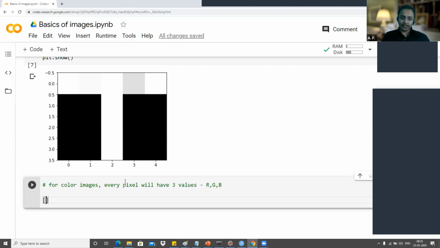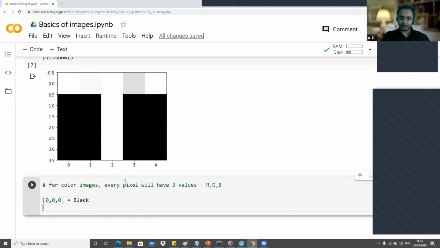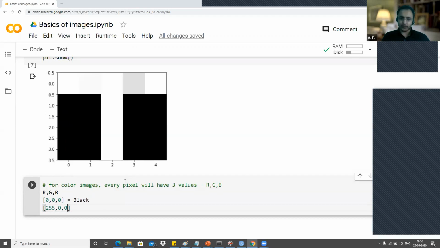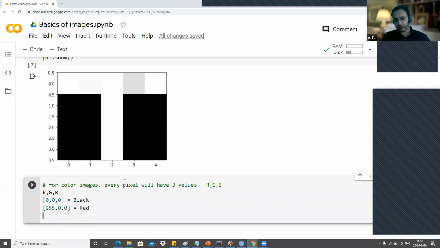For example, if the pixel value is, let's say, 0, 0, 0, you can think of this as a black color pixel, right? So this all points to R, G, B. If the pixel value is 255, 0, 0, that means this will point to a red color pixel, right? As corresponding to the red position, it is 255. For green and blue positions, it is 0, 0. And if it is 0, 255, 0, which color would it be according to you?